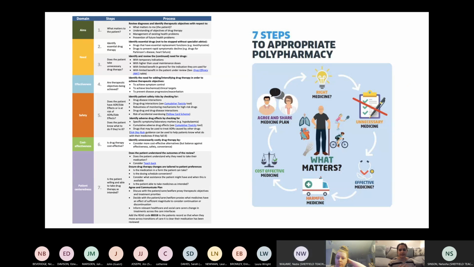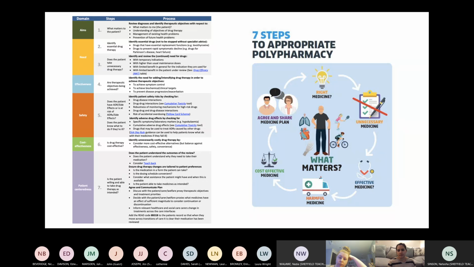So I've just lifted these from the document. It's about polypharmacy and thinking about whether it's the right medication, whether it's unnecessary, whether it's going to have an effect, what are the risks associated with it. They talk a bit more about cost effectiveness, which I won't in regards to analgesia, because I think there are probably other medications like bisphosphonates that are maybe more in that category.